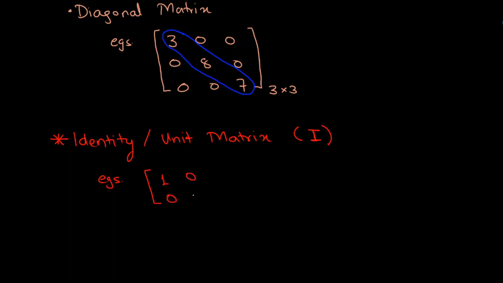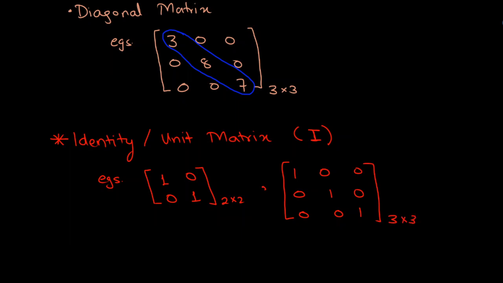So it's a diagonal matrix where all the diagonal elements are 1, and non-diagonal elements are obviously 0. So this is a 2 by 2 identity matrix, and similarly, a 3 by 3 identity matrix would be 1, 0, 0, 0, 1, 0, 0, 0, 1. So this here is an example of a 3 by 3 identity matrix.